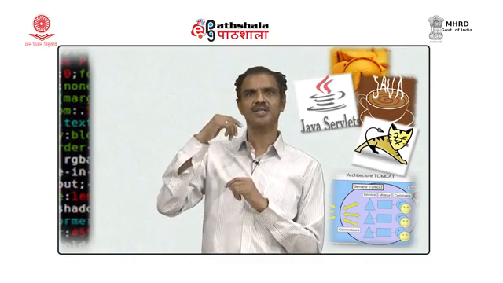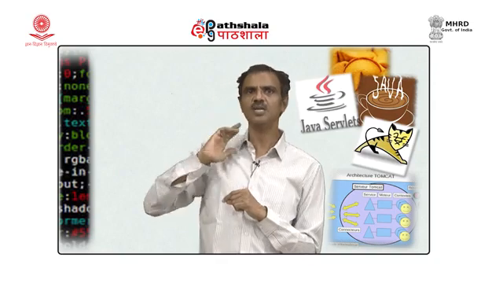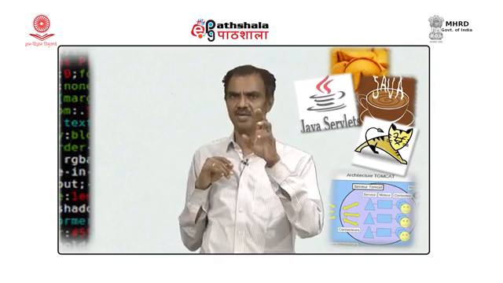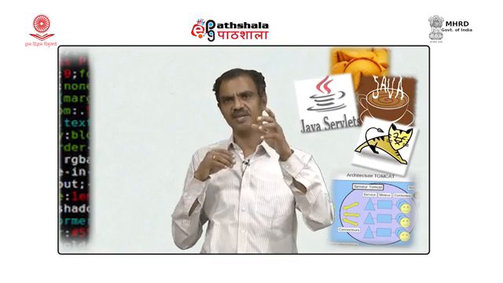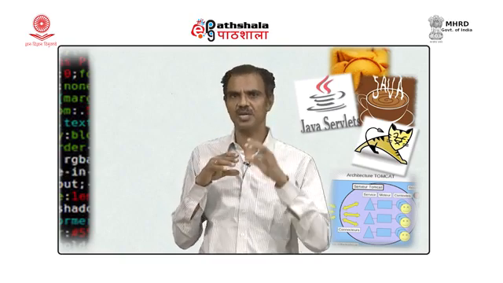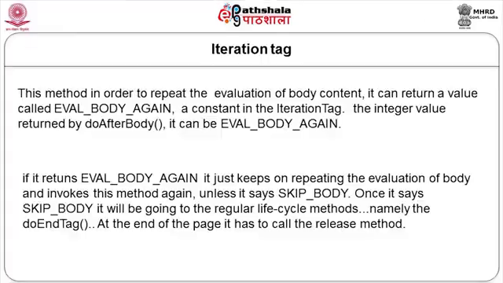In the life cycle, it comes after the do start tag. If the do start tag returns skip body, then this method will not be called and it will straight away go to do end tag. But if it returns eval body include, after the evaluation of the body is over, it will invoke the method do after body.